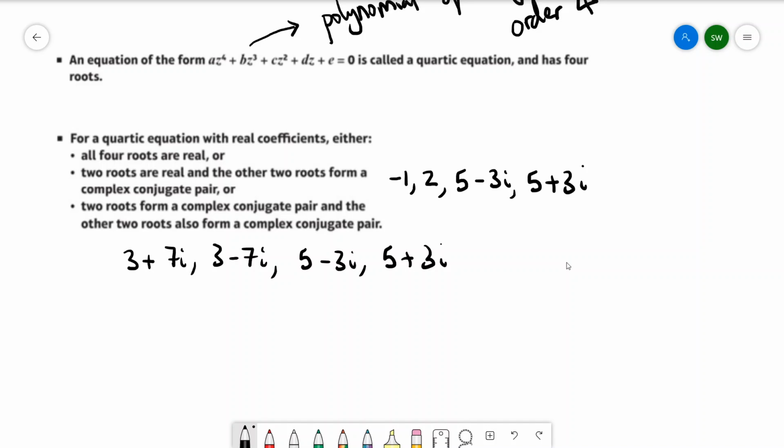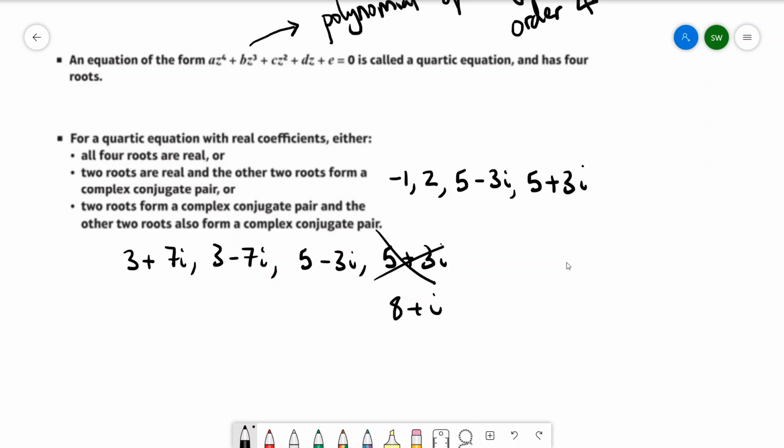Now notice that it's impossible to have 3 different complex conjugate pairs of roots, because then you'd have 6 roots in total. For example, I couldn't cross this one out and say that actually one of the other roots is another complex number, like 8 plus i.